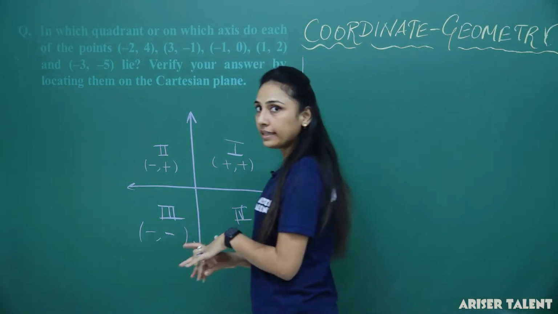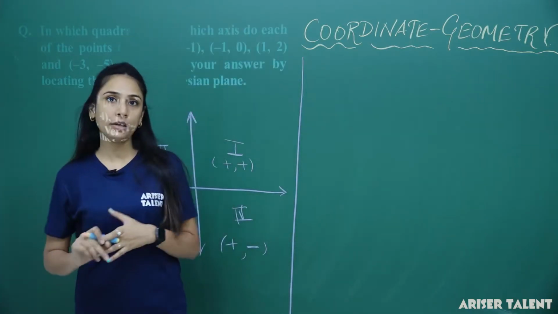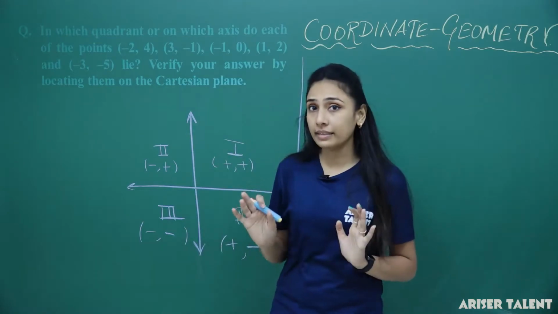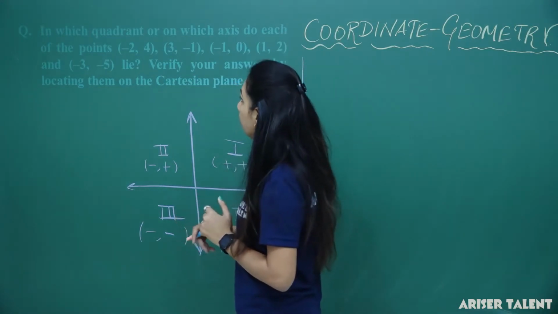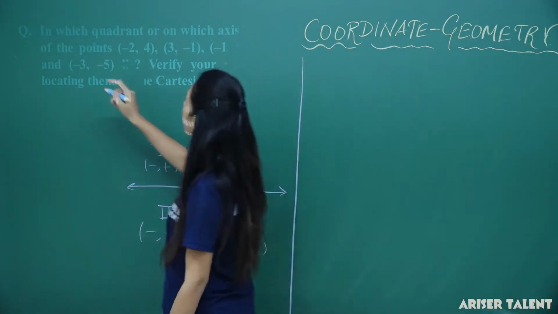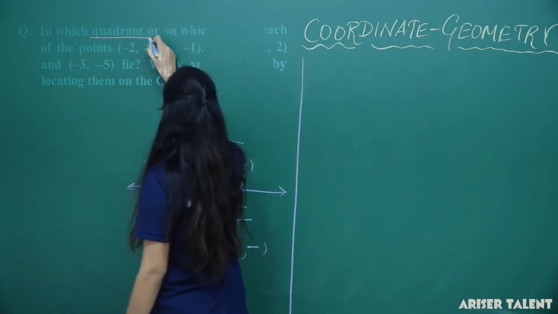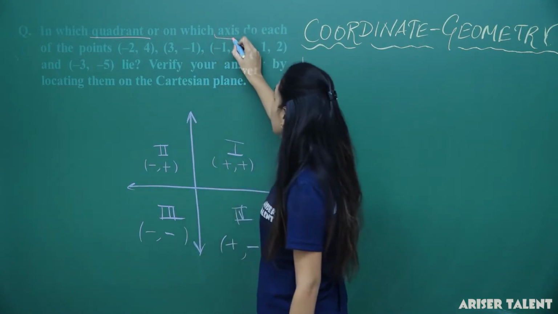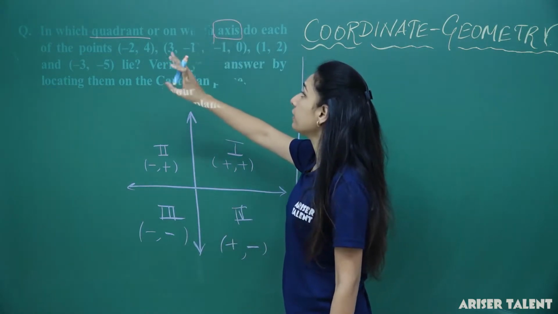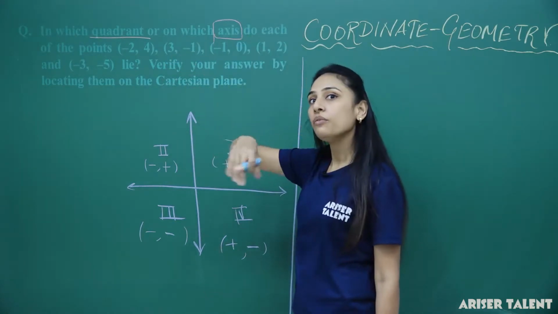Because we know that if it's positive negative, negative positive, negative negative, or positive positive, in which quadrant it's going to lie. The question asks about the quadrant, and also about the axis. Why it's written quadrant or on axis, we will look.